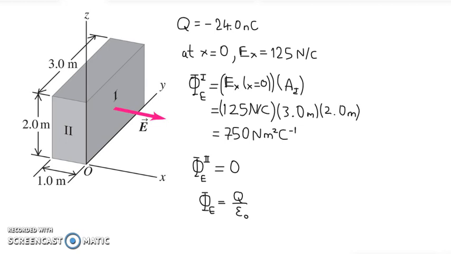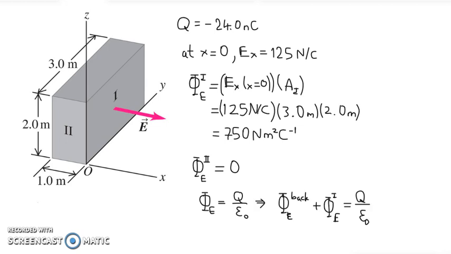And then there's flux through the other surfaces: the side surfaces, surface 2, the opposite side of that, and the top and bottom surfaces. Those are all parallel to the electric field, parallel to the x direction, so flux through those surfaces will be 0. So the only two surfaces through which there's a non-zero flux are the front surface, surface 1, and the back surface. Let's work out our equation to reflect that.